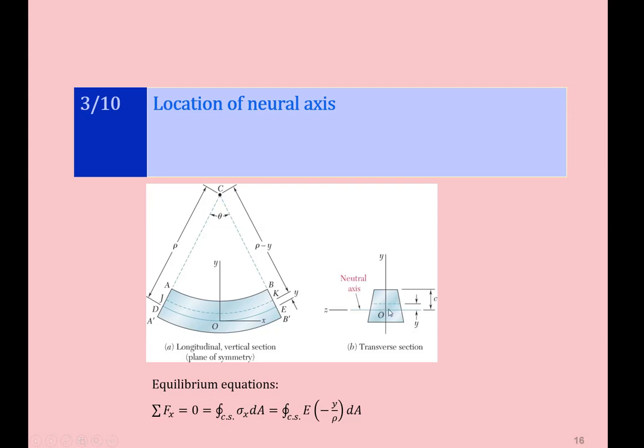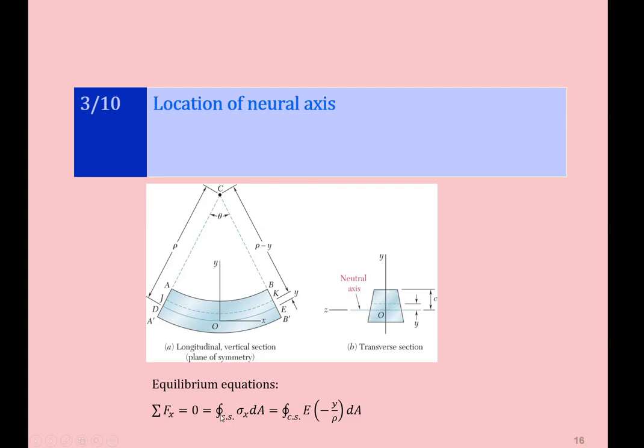The neutral axis, or neutral surface, is where the origin of the coordinate system is placed. In terms of symbol, that is where rho, the radius of curvature, is.